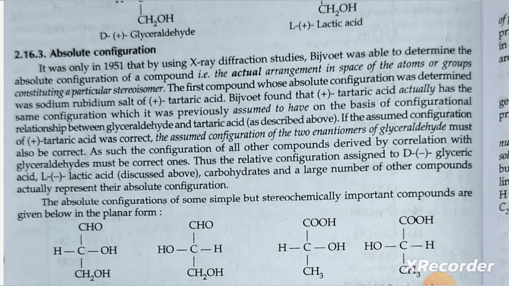As such, the configuration of all other compounds derived by correlation with glyceraldehyde must be correct ones. Thus, the relative configuration assigned to D(-)-glyceric acid, L(-)-lactic acid discussed above, carbohydrates and a large number of other compounds actually represent their absolute configuration.